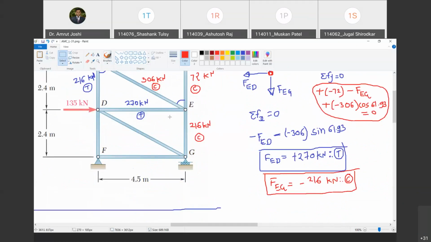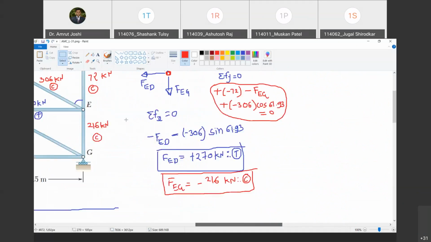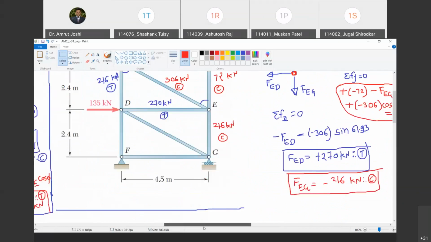Once we have drawn the free body diagram of E, now we can draw the free body diagram of D. Happy? Yes, sir. So let me copy this figure.